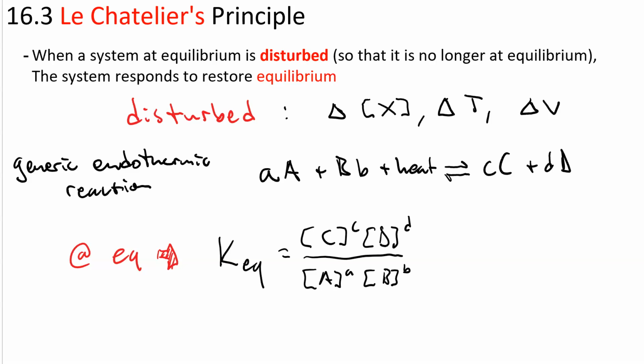So, let's say we add some product C to the mix. That means that our numerator is too big. And so the reaction shifts to the left.